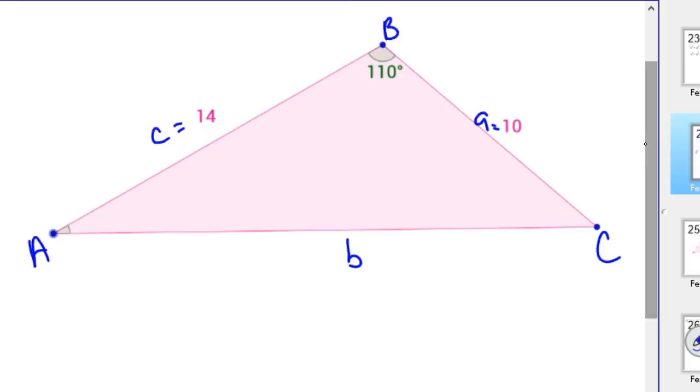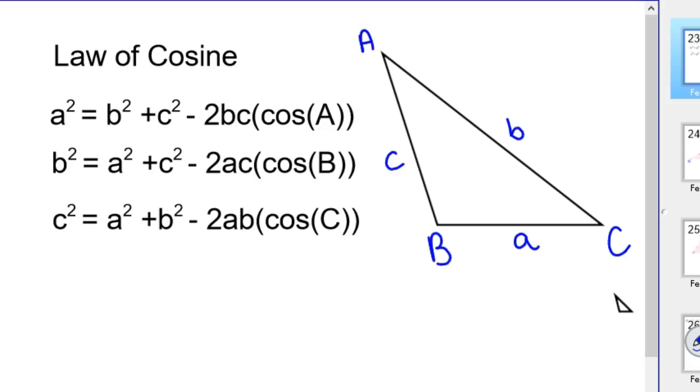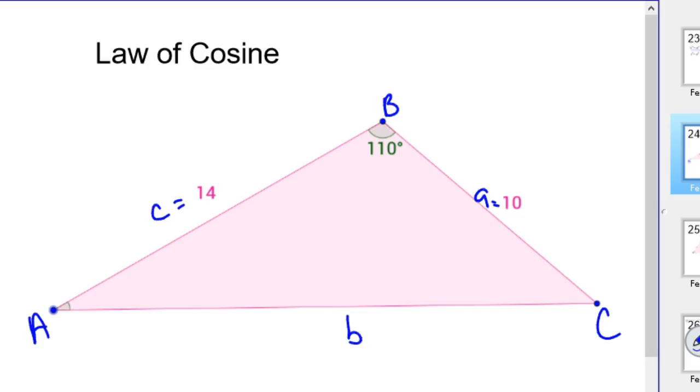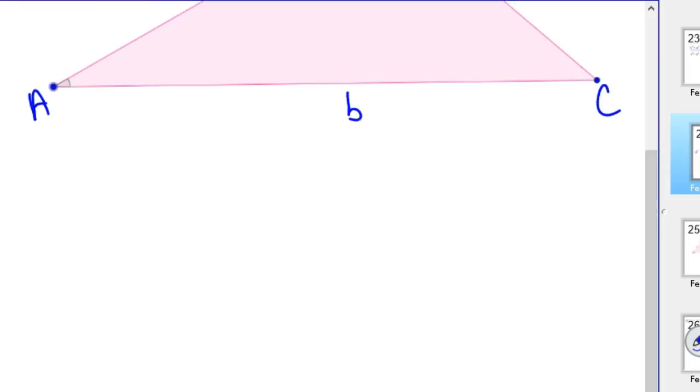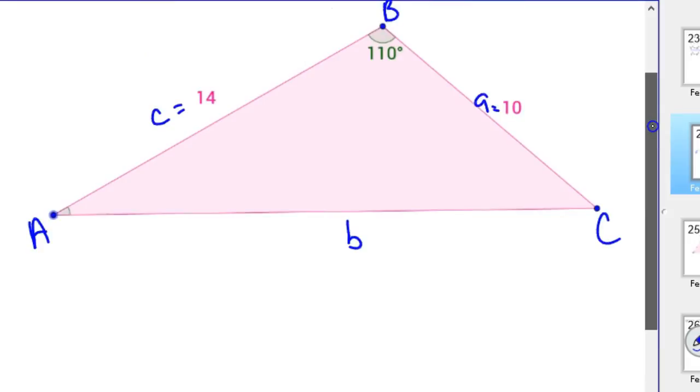So if you go back to the equations, we're looking for this one right here. So b squared equals a squared plus c squared minus 2 times a times c times cosine b. And once you do these for a while, you'll get the hang of it, and you won't have to have all three equations, but it helps you just to begin with.